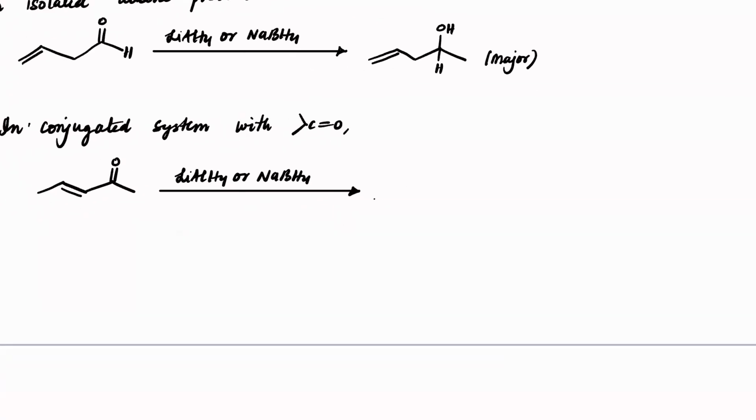One is, without disturbing the double bond, you will get an alcohol, which means H minus is getting added here, H plus is getting added here. Therefore, this is called 1,2 addition.